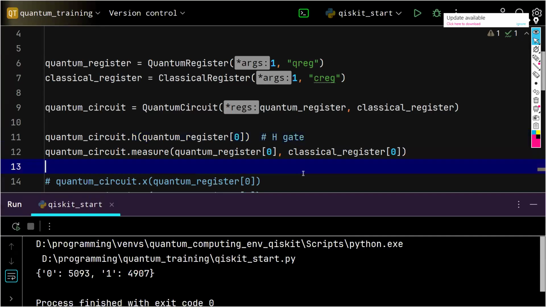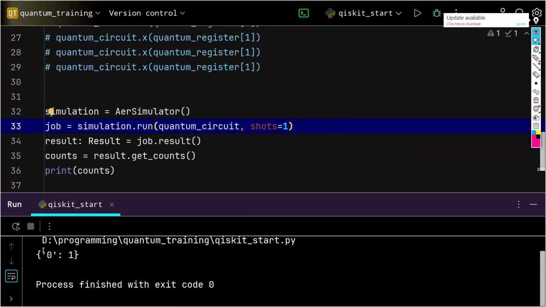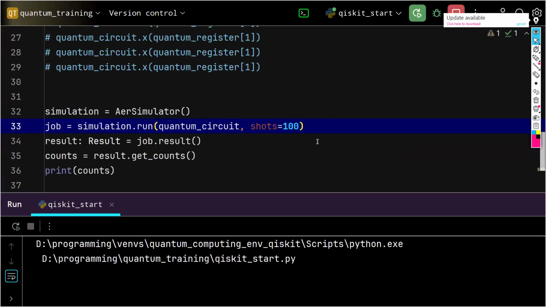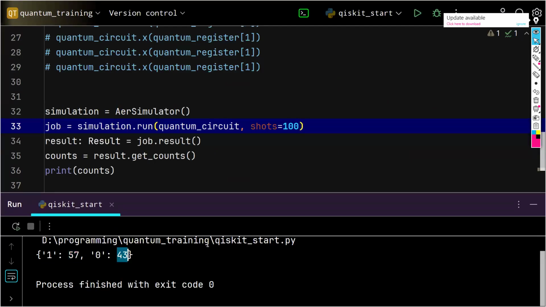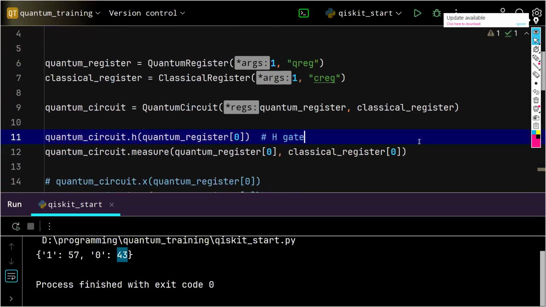And what your quantum simulator will do is sum up these results. So for example, let's say I have shots 1. So here I had only 0, 0, 0. Oh, maybe. Oh yeah, so here it is. Now it landed on 1. But if we manipulate the counts, then we will have some distribution of this. So this is one of the consequences of applying this gate.